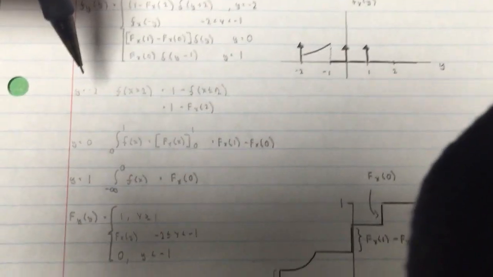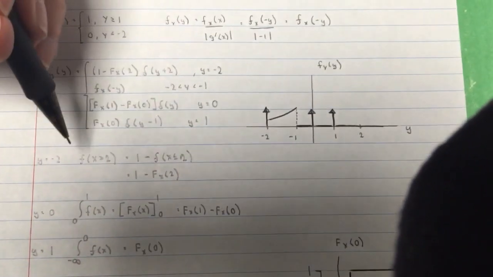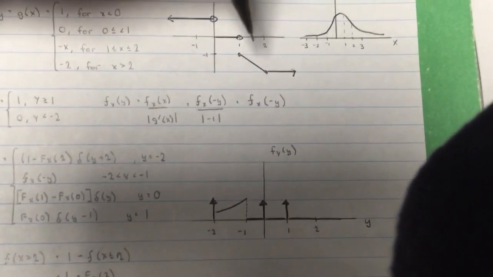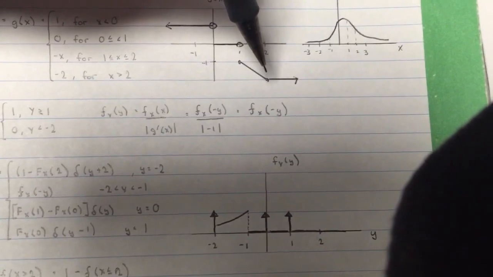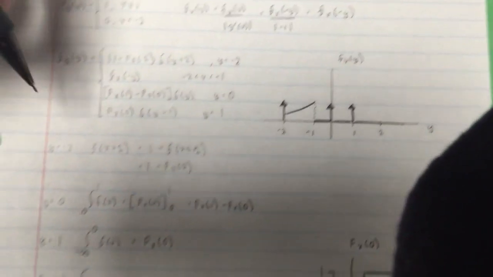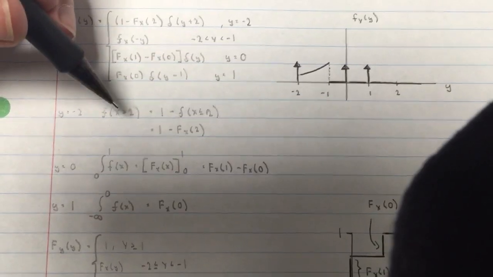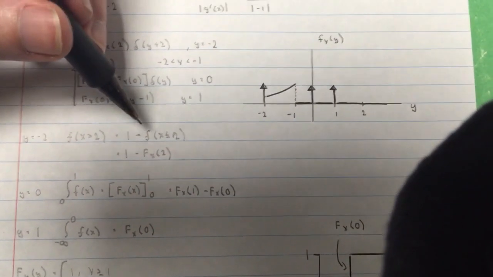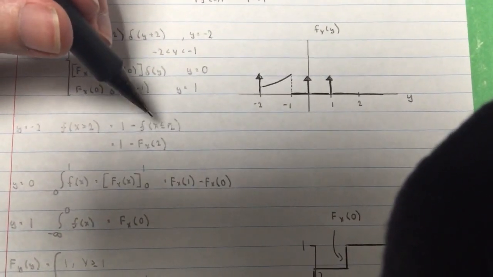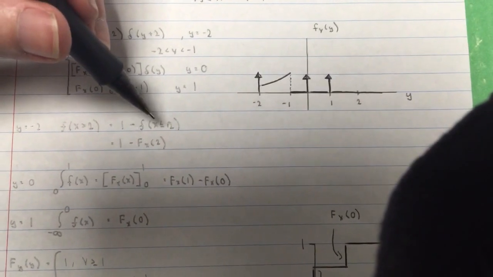To find the impulse at negative 2: when y is equal to negative 2, x goes from 2 to infinity. So it's the probability that x is greater than 2, which is equal to 1 minus the probability that x is less than or equal to 2.